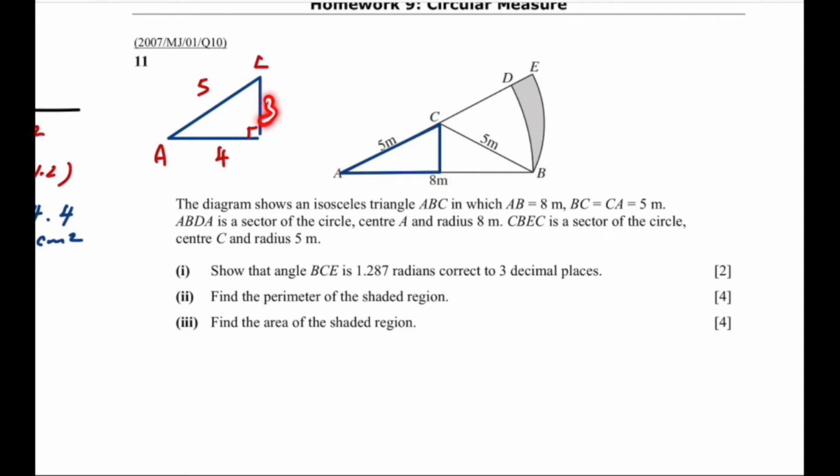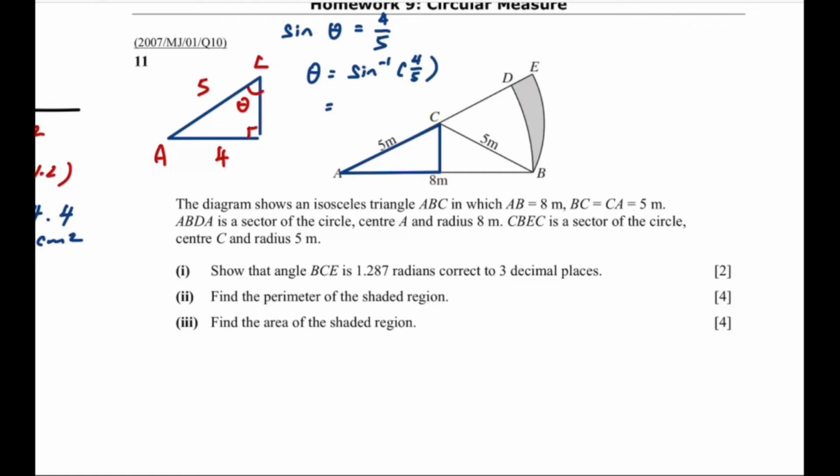This must be 3, but it's not important. How do we find the angle here? These two angles should be equal. Okay, so I label this as theta. Sine theta equals 4 over 5. Theta will be shift sine 4 over 5.